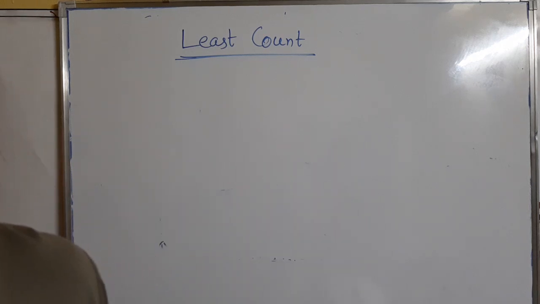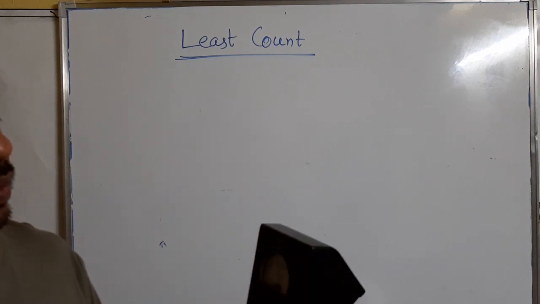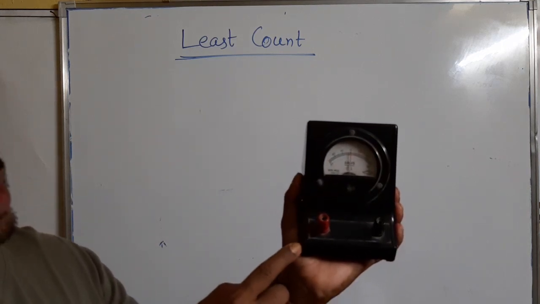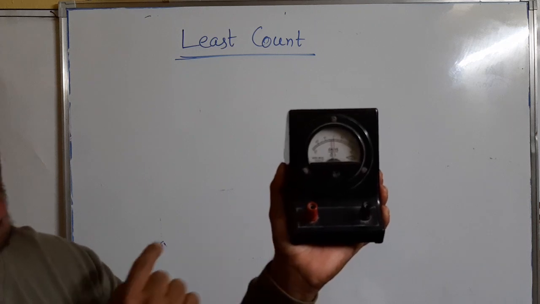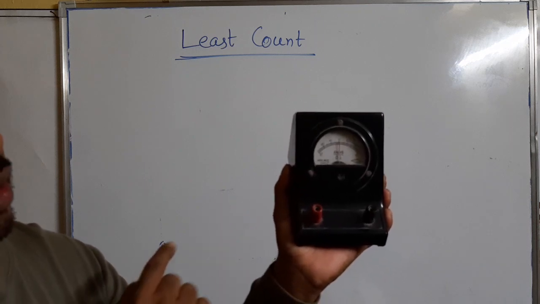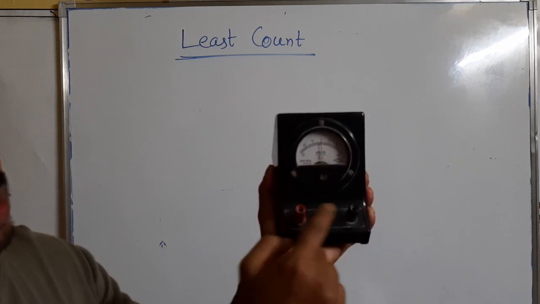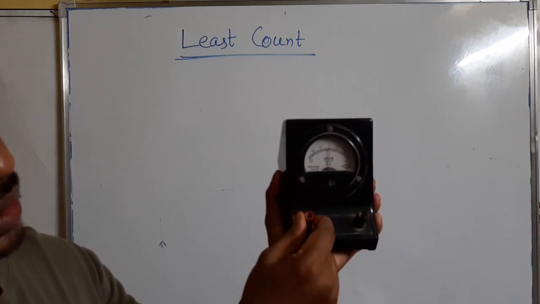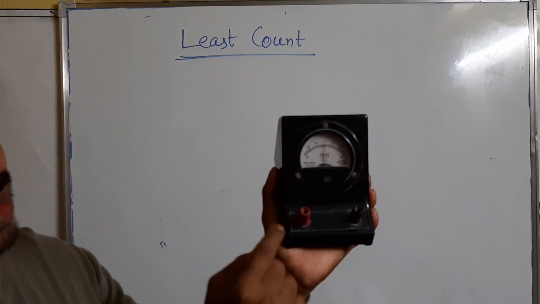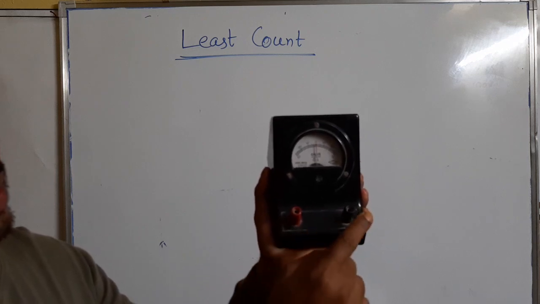Then here you can see another instrument. This is the galvanometer. It also has two terminals, red and black. This is the positive end, this is the negative end.